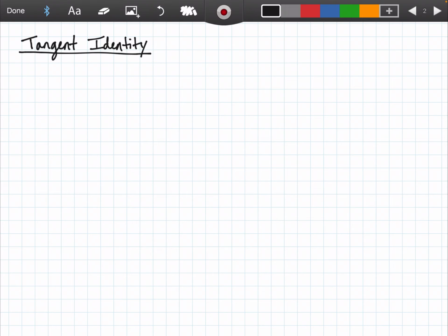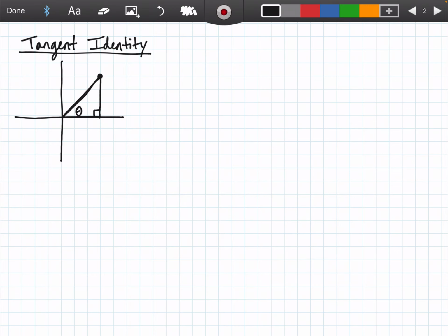All right, here's what we're going to look at. Let's say I have a graph, and I'm going to put a coordinate on this graph. And I'm going to create a right triangle from that.